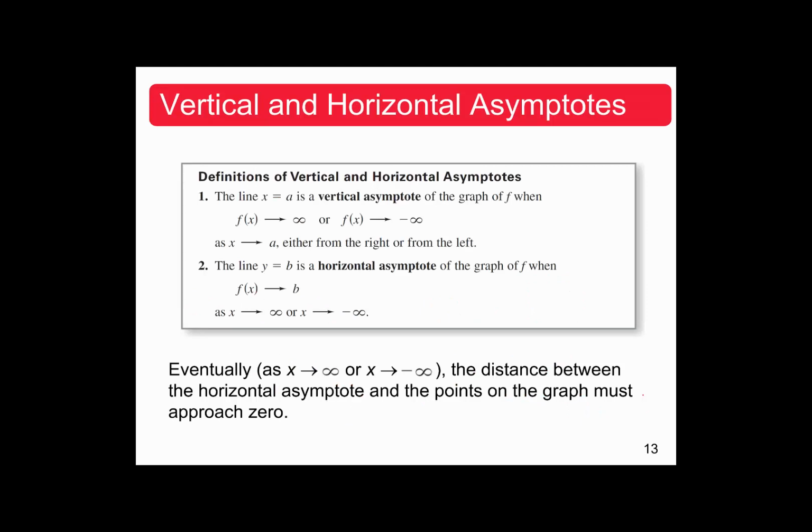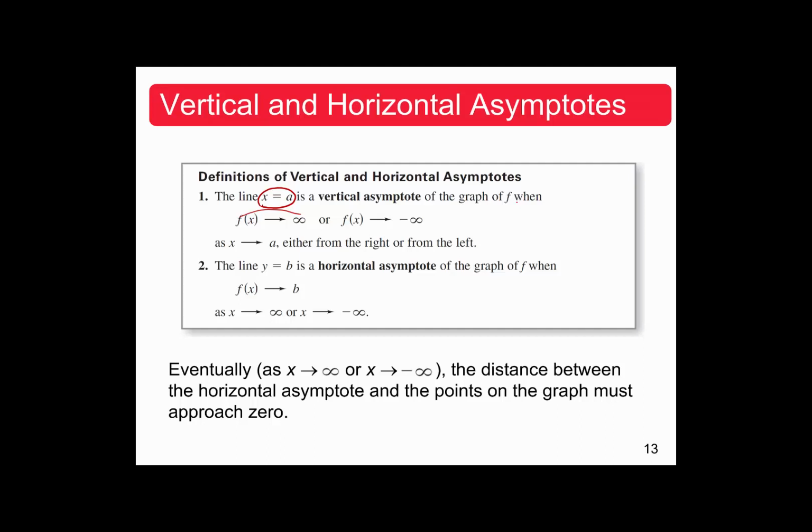And the definition of vertical and horizontal asymptote: for a vertical asymptote, we always have the same form, right? If it's x equal to a constant a, it's a vertical asymptote, then when x approaches a, meaning when x approaches the asymptote, the f of x approaches plus or minus infinity, right? Either one of those. It could approach positive infinity or negative infinity, or both.